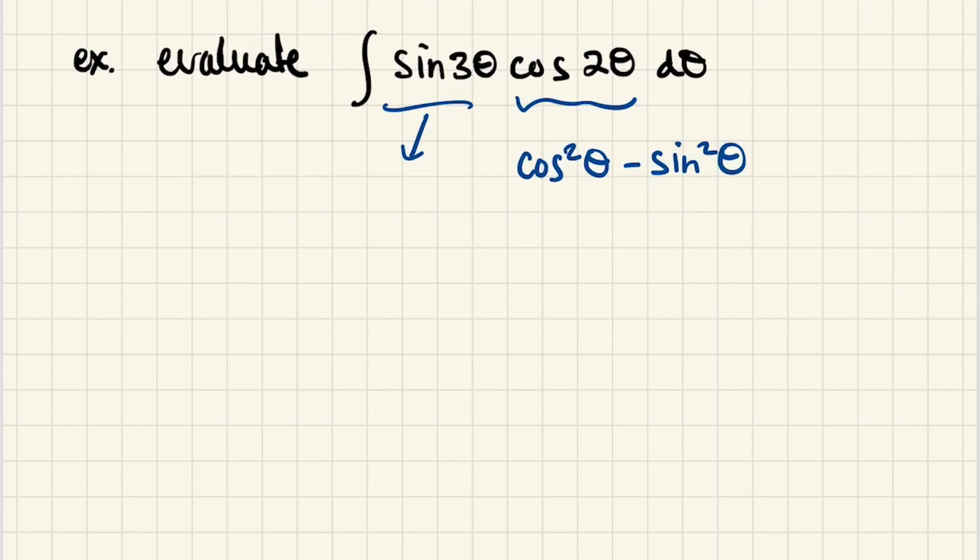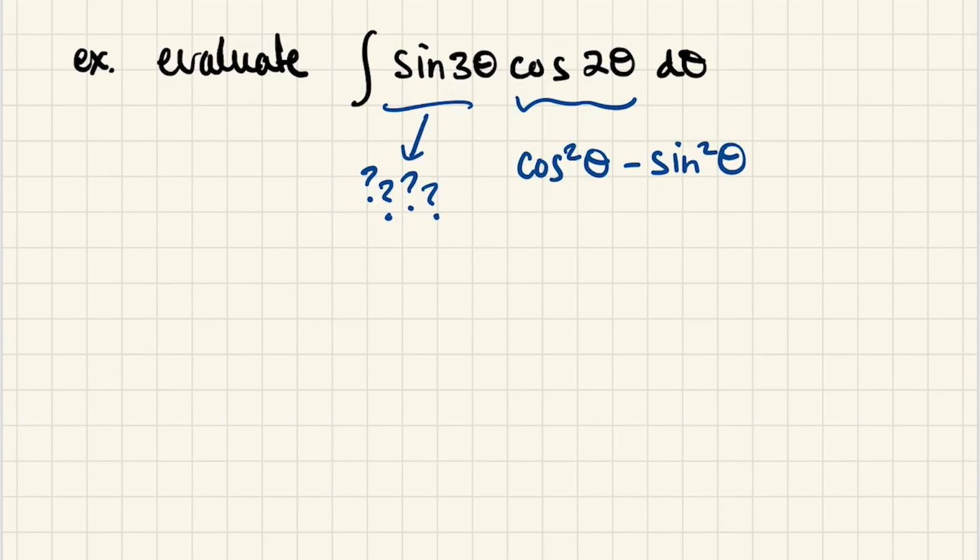And then we'd have this big mess of cosines and sines of theta, which we could manage, right? We know how to handle that based on the first half of this lecture. The problem is, does anyone know a triple angle identity for sine? Probably didn't learn one in trigonometry, right?